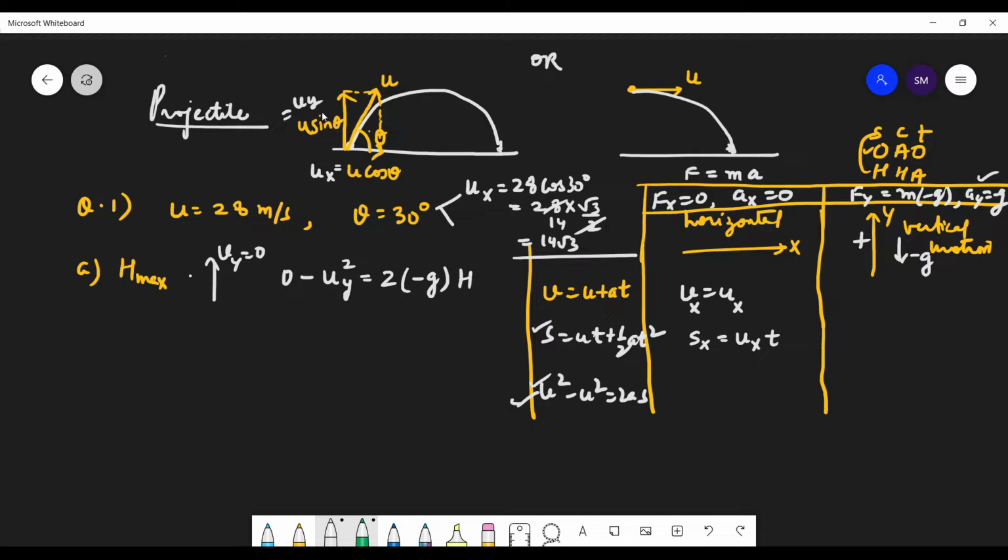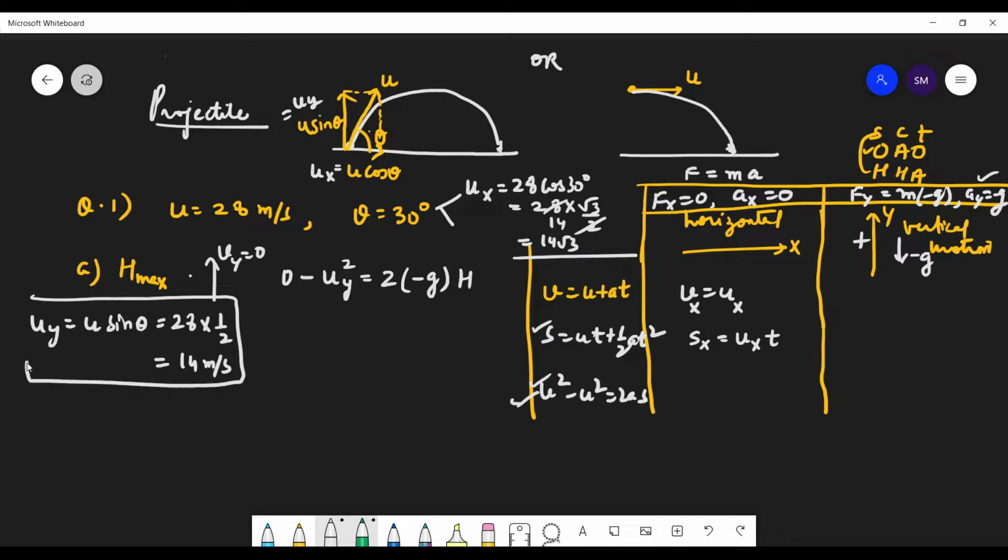And what will uy equal to? uy will be equals to u sin theta. This is equals to u is 28 and sin 30. Sin 30 is 1 by 2. So this is 14 meter per second. So that's your uy. So put the value of uy here. So this 14 square. So negative, negative.